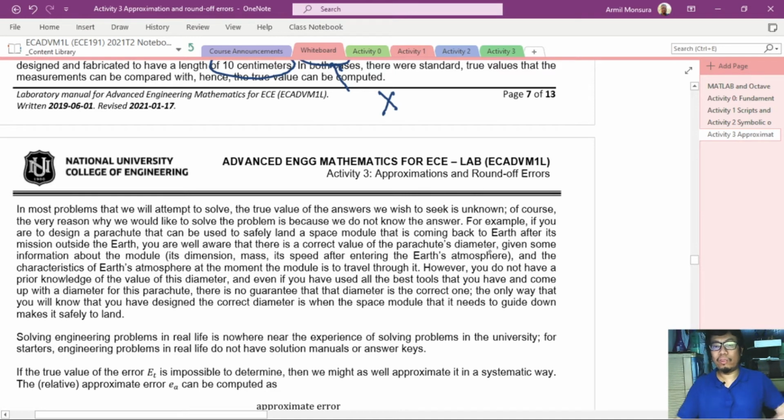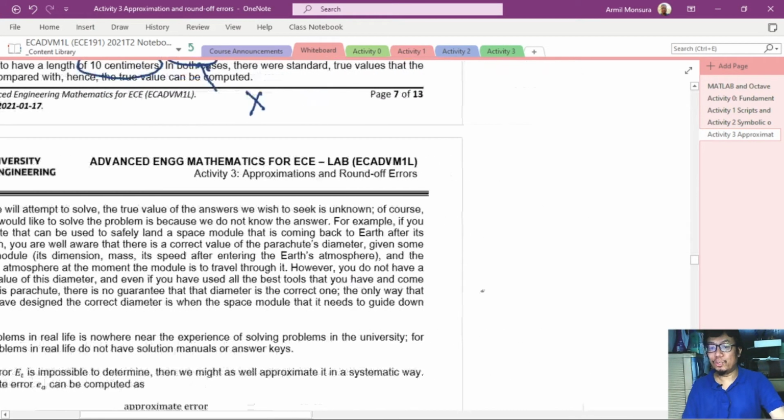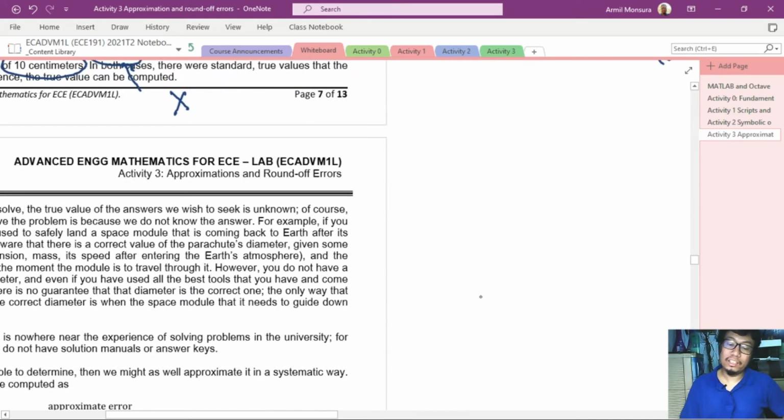So therefore, you would want to make your parachute large, para mas mabagal. Kaya lang, one thing is that as your parachute gets larger and larger, number one, you might be able to make your space module come down at a very slow speed.